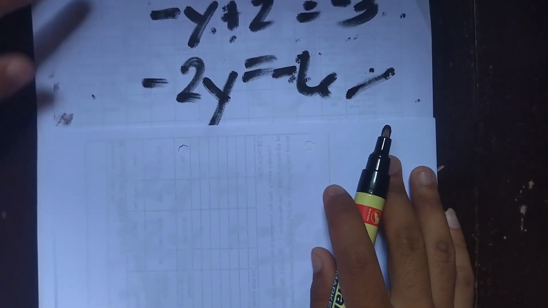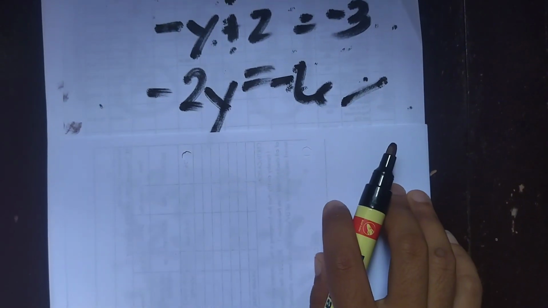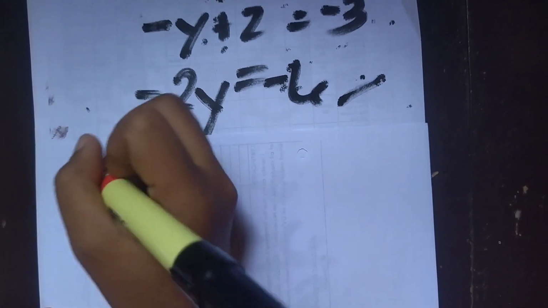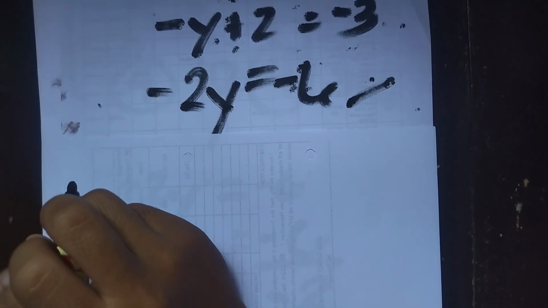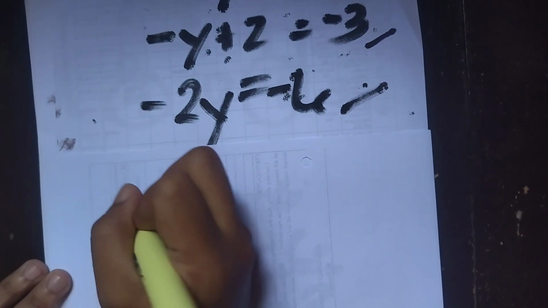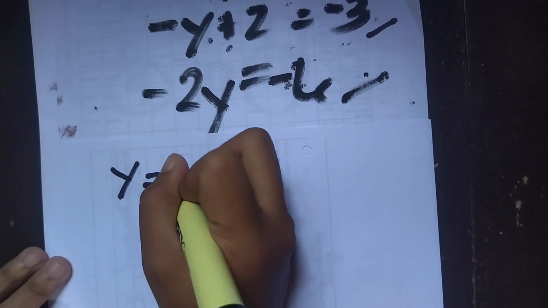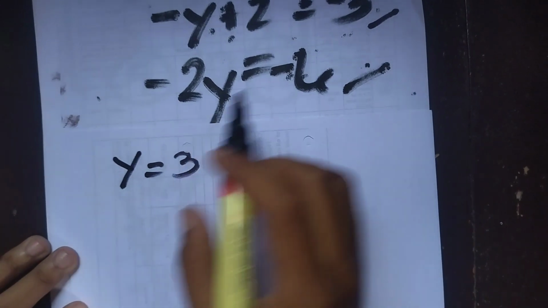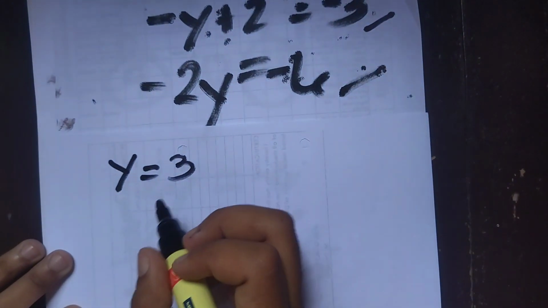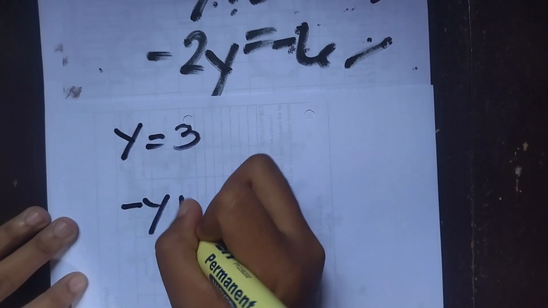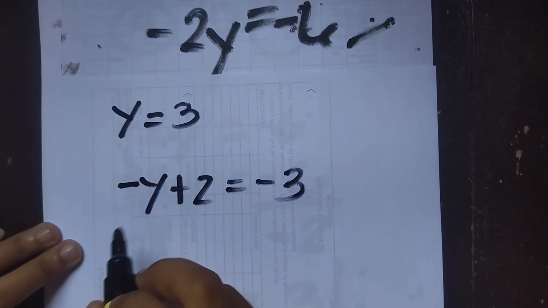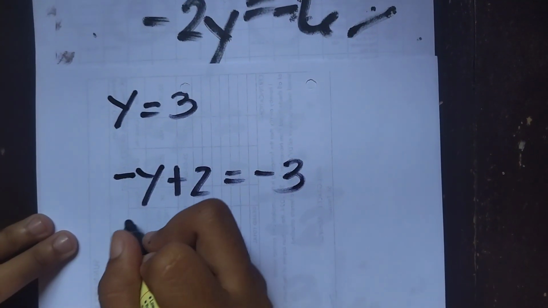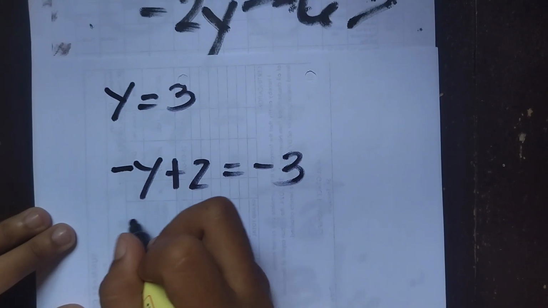Since nakuha na nato ang value ni y, so, pangitaon na po nato ang value ni z, which is kani atong gamiton. So, ang value ni y nato gaina is 3. So, kani atong gamiton to get the value of z. So, negative y plus z is equals to negative 3. So, ato lang tong substitute ang value ni y gaina, which is 3.